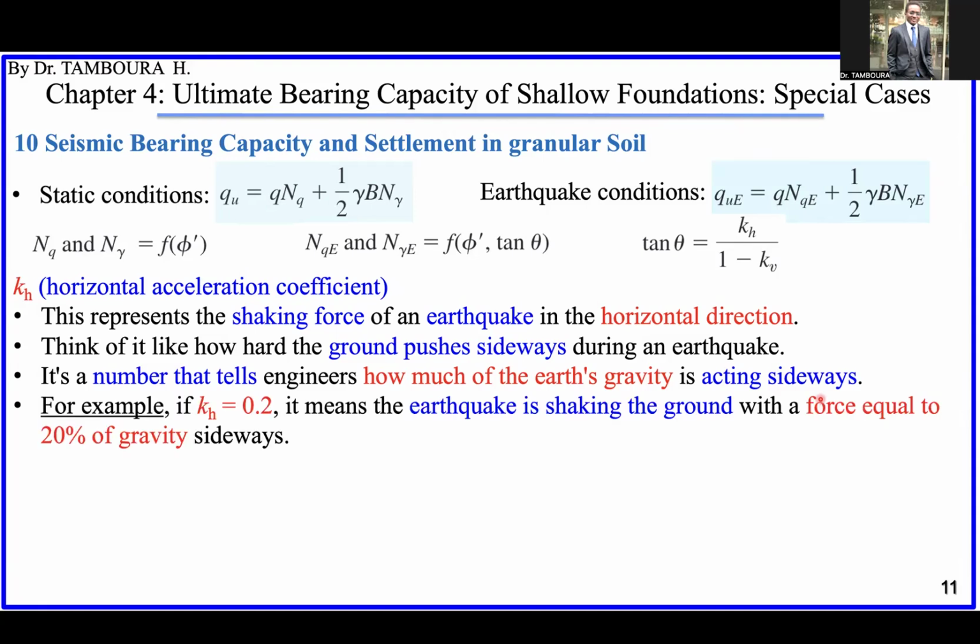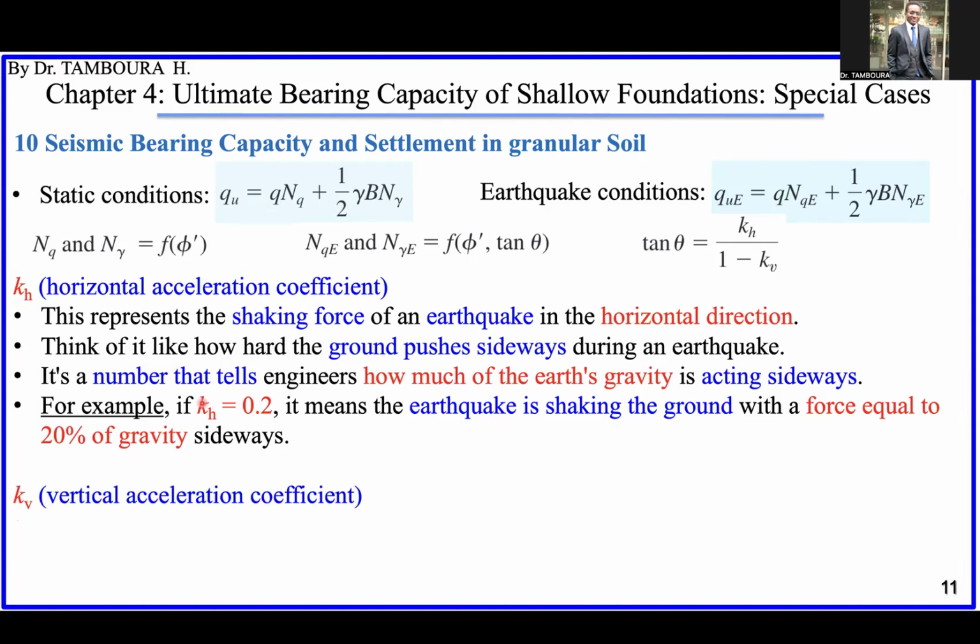So, for example, if you have kh of 0.2, what is the meaning? It means that the earthquake is shaking the ground with a force equal to 30% of gravity, the earth gravity. That is the meaning. I think now you maybe understand.